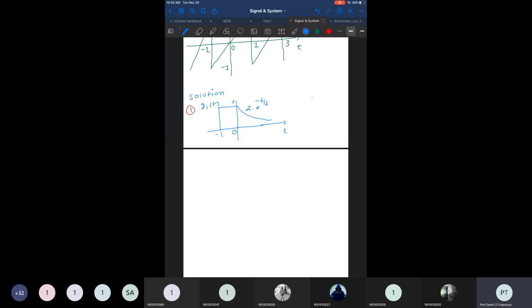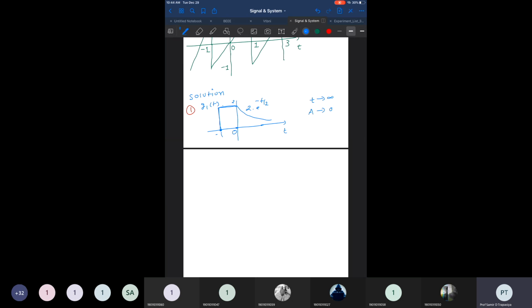Why so? One condition we need to check is, as t approaches infinity, the amplitude approaches 0, and that is known as a finite duration signal. This portion is fixed, known as a rectangular function, which is obviously finite duration, because this rectangular function exists from -1 to 0 only.